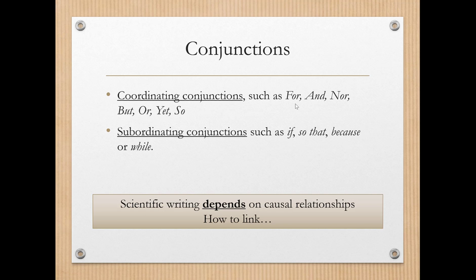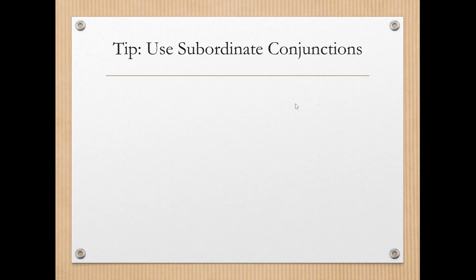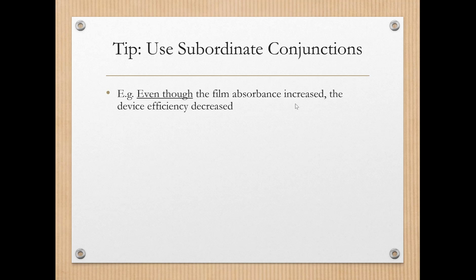So because scientific writing depends on these causal relationships, we're going to spend some time here thinking about how to link those relationships together. So my top tip here is to use subordinate conjunctions.